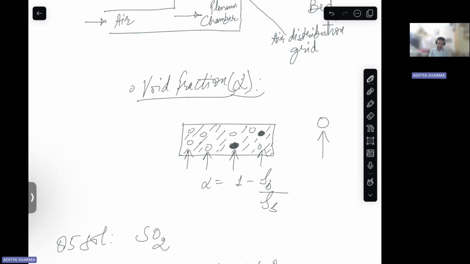So this particle will have weight in this direction, right? But air is moving in upward direction, right? So for equilibrium, this weight is being balanced by the drag that this particle is experiencing because of the motion of the fluid. And fluid in this case is air.